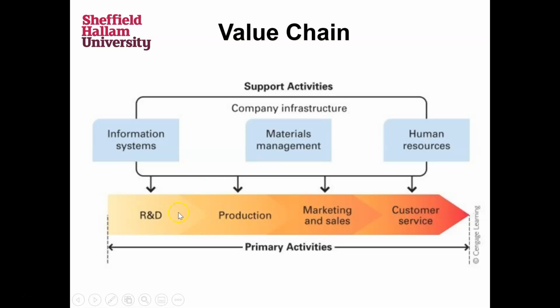We are interested in data and evidence on the resources and the competencies that the organisation has at each stage in the value chain for primary activities, and how it has developed strengths and competencies in the support activities that enable these primary activities. Okay, so that is the value chain explained.